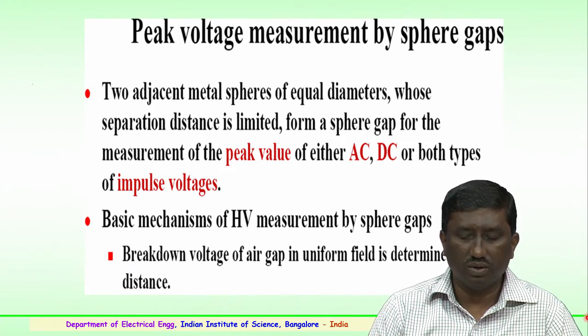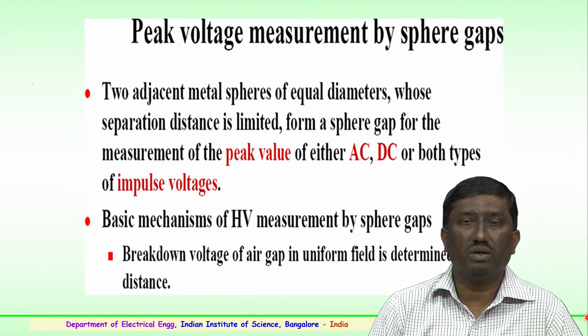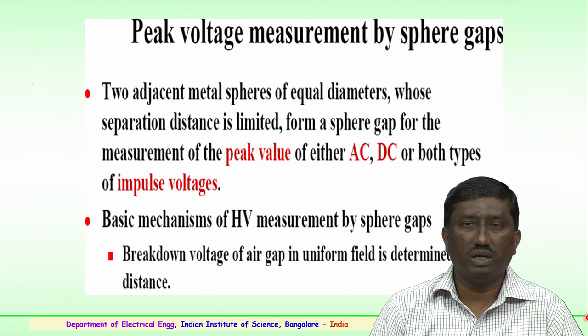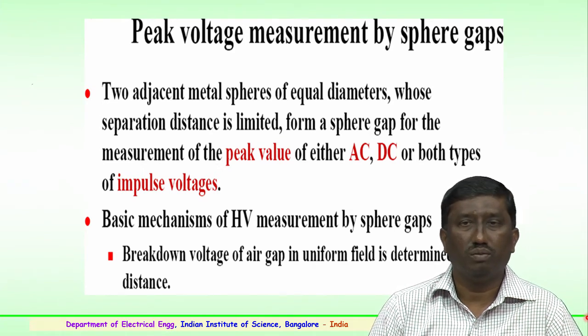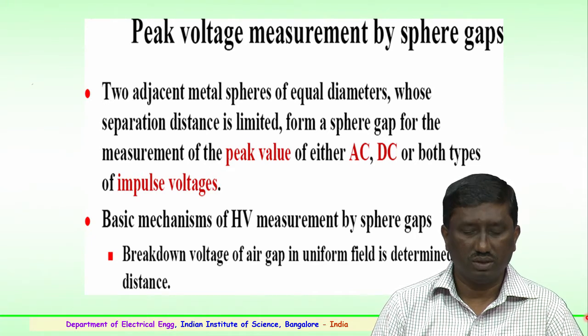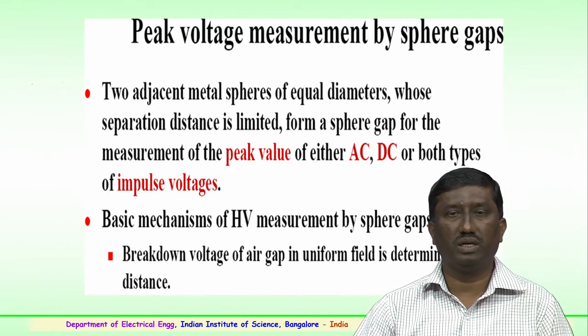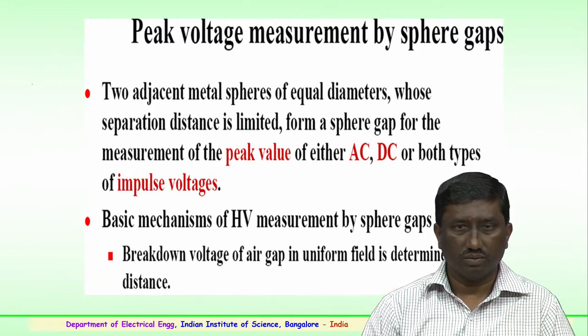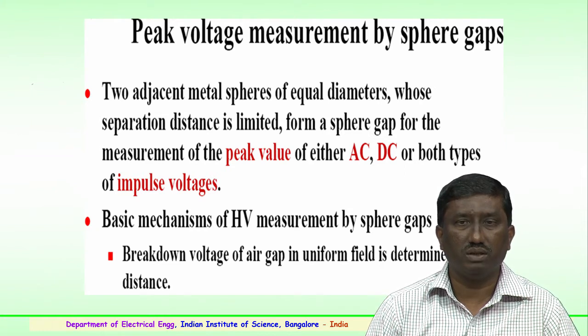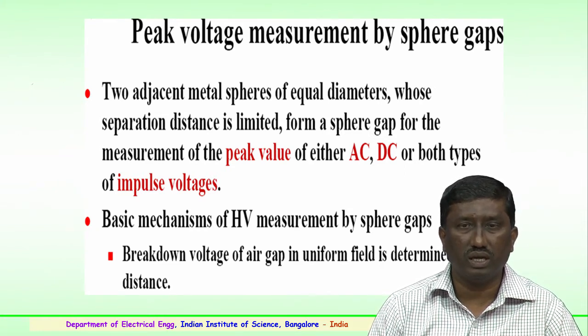So, with a sphere gap you can measure the peak value of AC, DC or both types of impulse voltages using the sphere gap assembly. The basic mechanism of high voltage measurement by sphere gaps is done by applying the voltage and observing the breakdown voltage of the distance maintained between the spheres, that is the air gap.